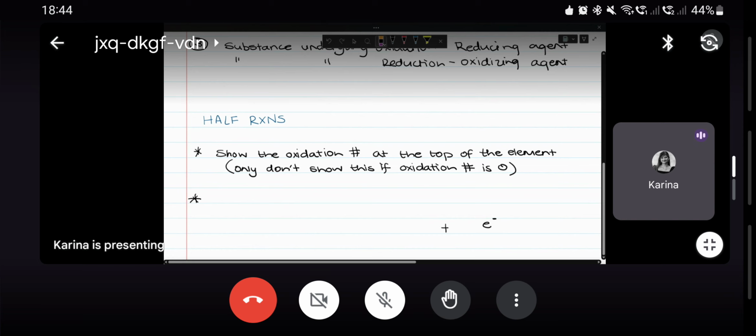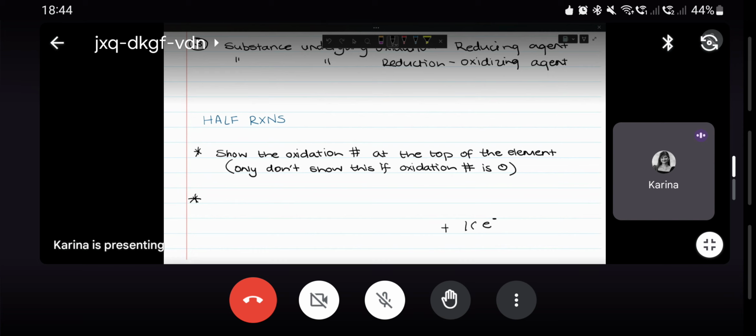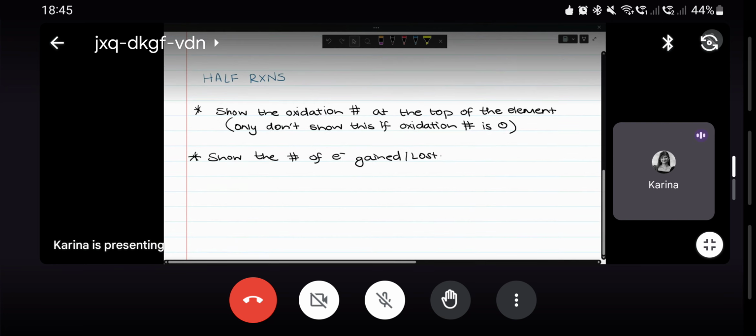If it's one electron, we won't show anything. If it's 10 electrons, 10 at the front. So we always want to show the number of electrons. So either it's going to be gained or lost. Okay, so those are the two general rules of how we write this.